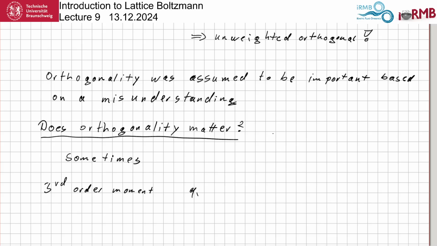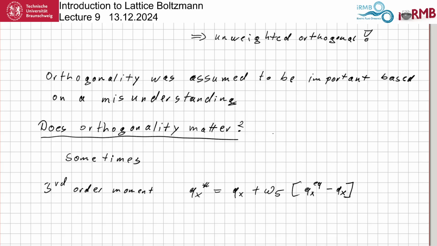So the third order moment is here called Q. Qx post collision would be qx before collision plus omega 5, because it's the fifth moment in the list, times qx equilibrium minus qx before collision.